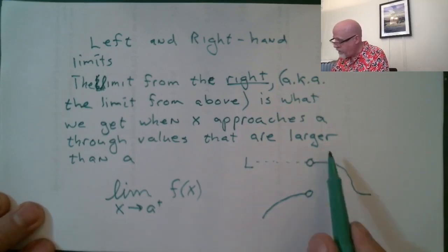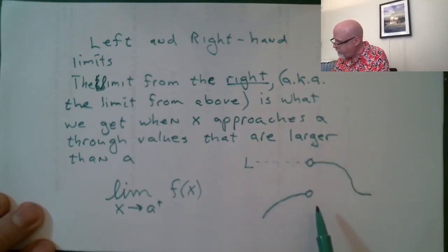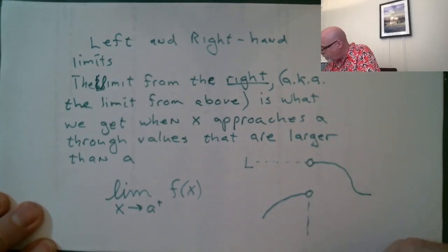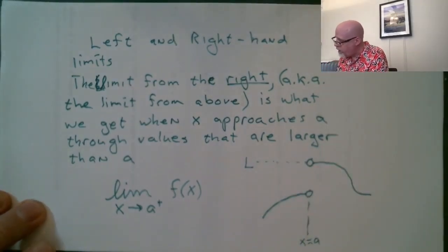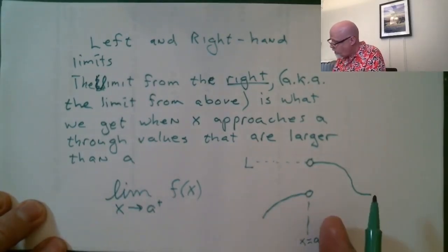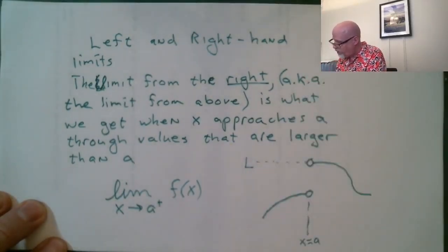And if we have the scenario that I talked about before, where we have an open circle, so the function isn't defined at this a coordinate. This would be x equals a, the vertical position that we're talking about. Well, really it's the horizontal position, but that determines a vertical line. Anyway, at x equals a, you have no value for the function.